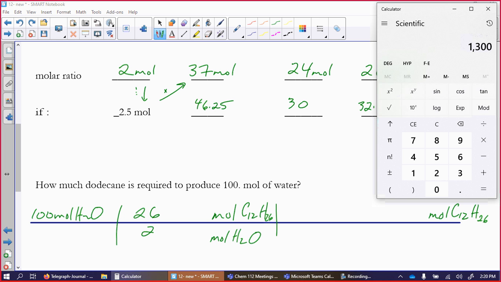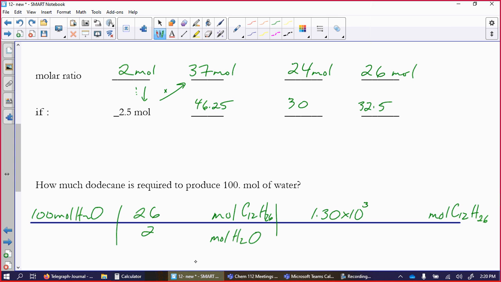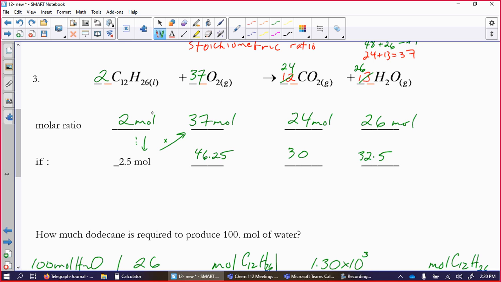Technically, that's 3 significant figures. I've moved that 3 spaces. To have 3 significant figures, I technically need that, but it's 1,300 moles of water. Even though that's going to weigh significantly more than that.